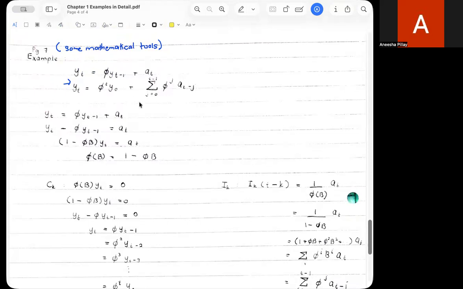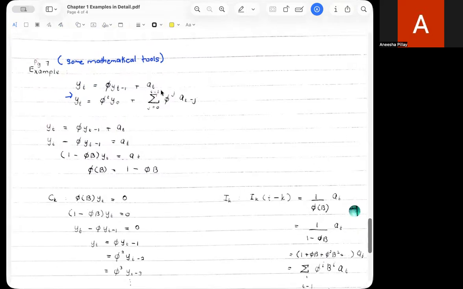All right, so this is under the mathematical tool. We will go through what type of model this is later on. To follow the backward operator, you just need to move this to the other side.